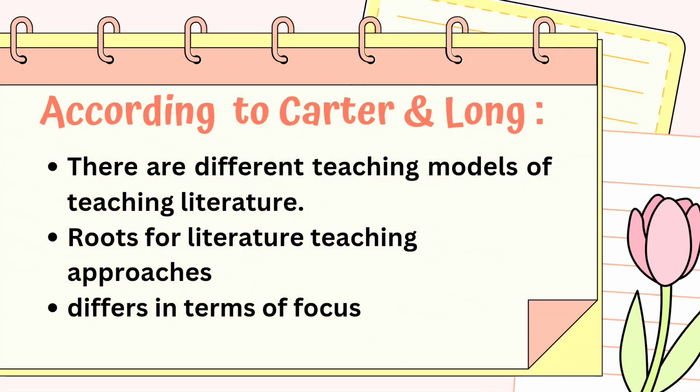According to Carter and Long, there are different models of teaching literature. These models are roots for literature teaching approaches, and they determine how the teacher uses a literary text depending on the chosen model. Each model differs in terms of focus.